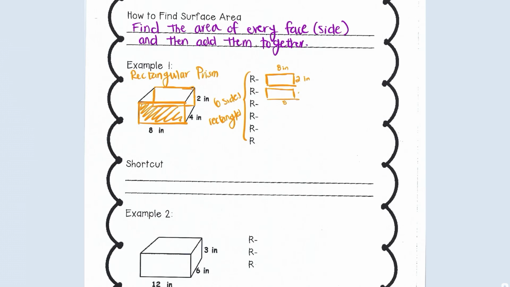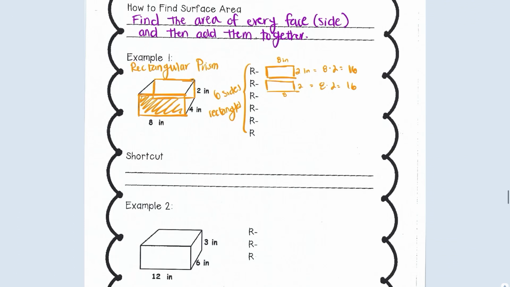This is another 8 by 2. Let's calculate the area of these two. We use base times height for this formula, so that's 8 times 2. Both of these rectangles have an area of 16. All right, let's keep going. I'm going to erase some of these lines here.